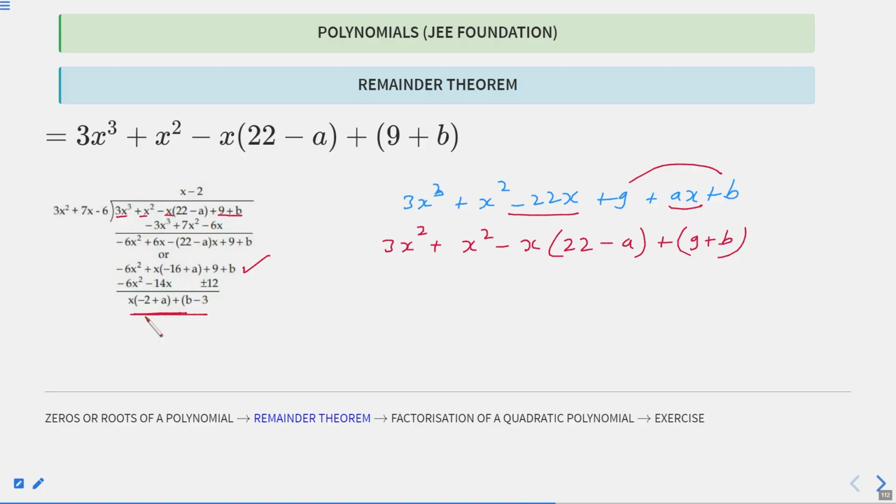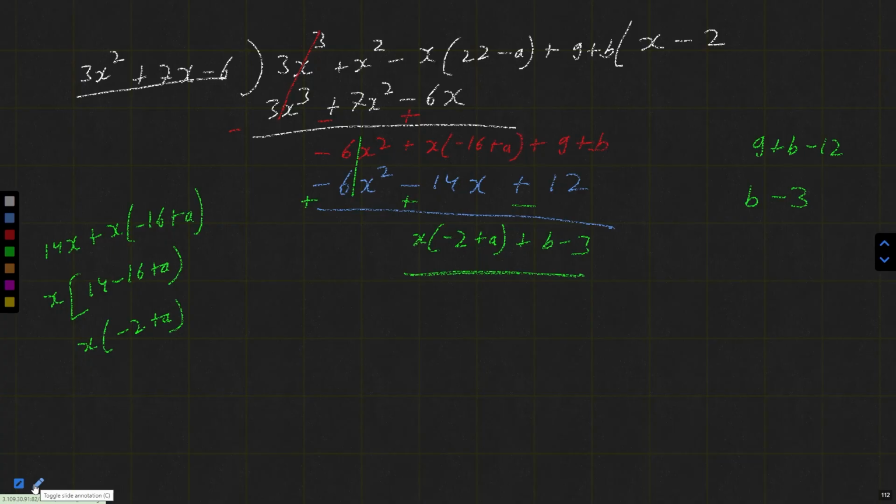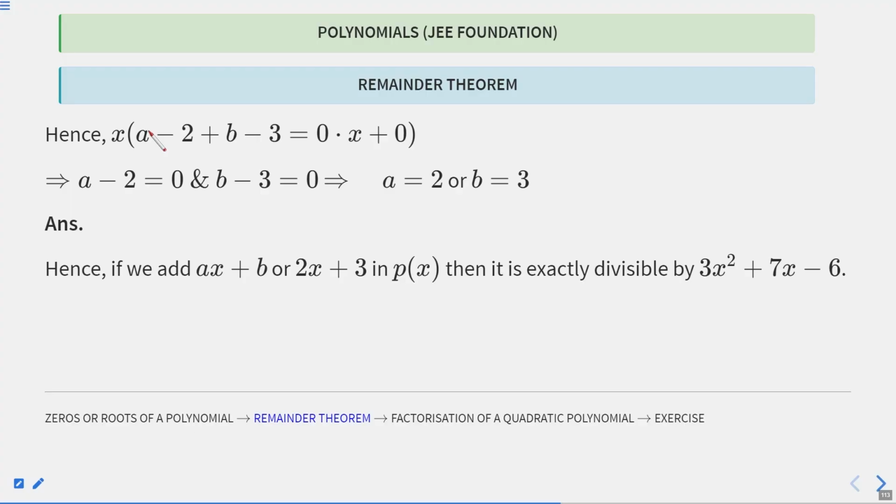I hope you have reached this point. Now, x times (minus 2 plus a) plus b minus 3 is equal to 0. Why? Because we know that this polynomial now completely divides our newly formed polynomial.